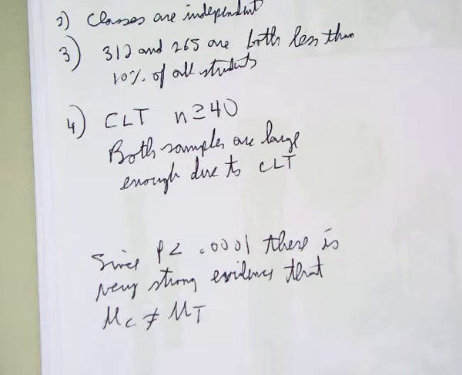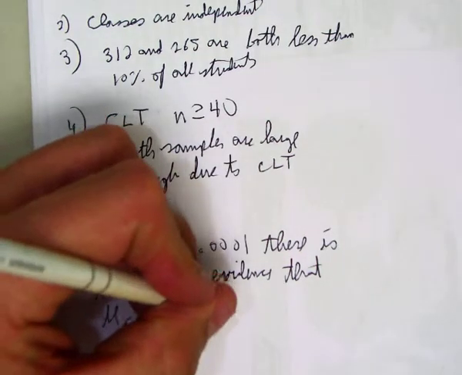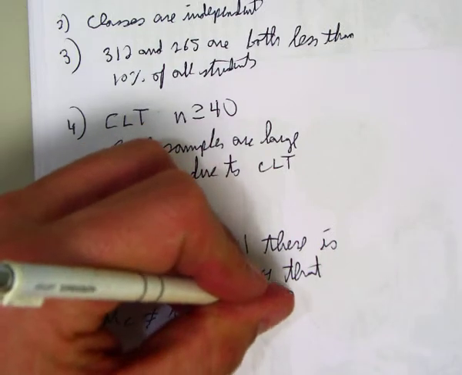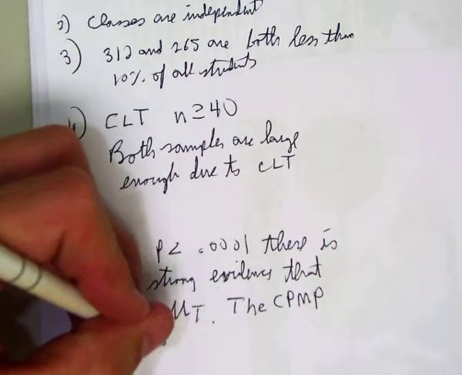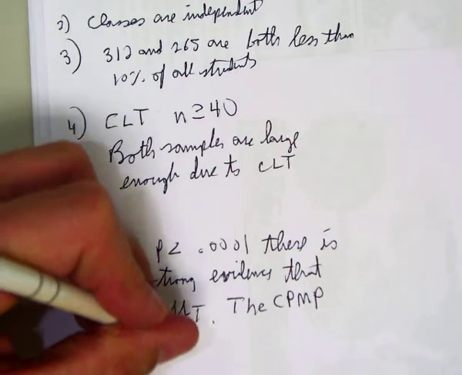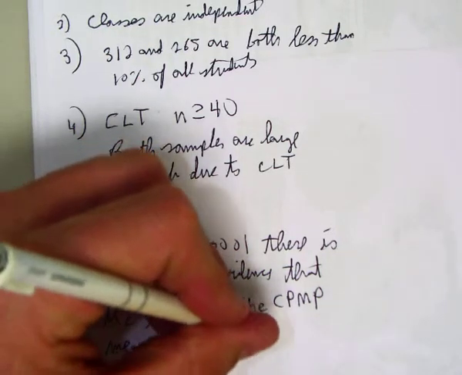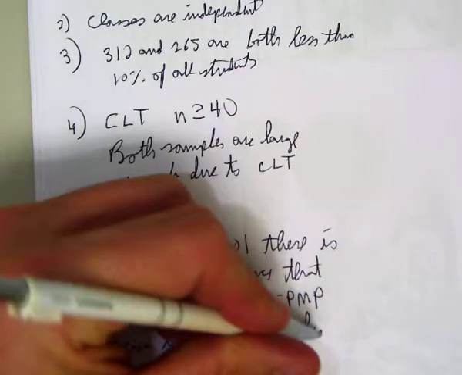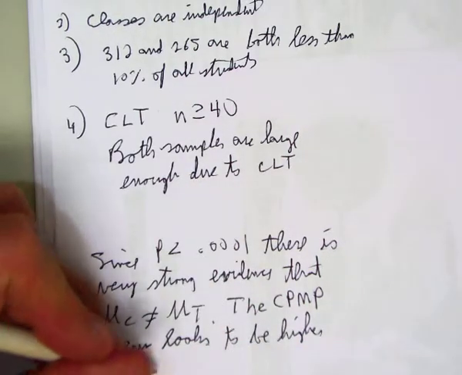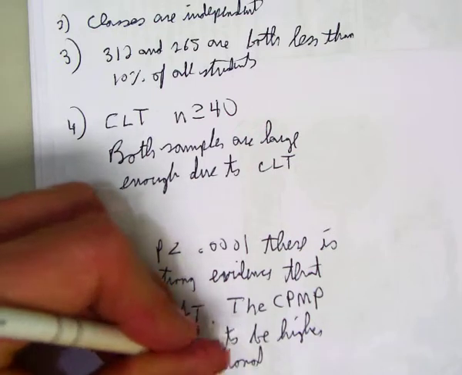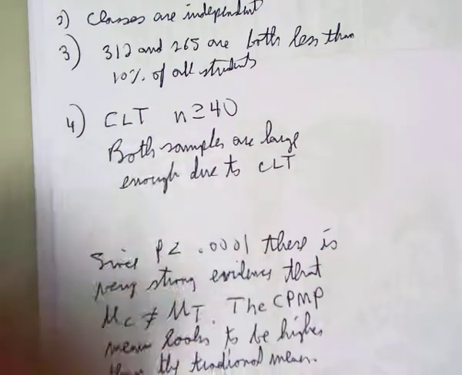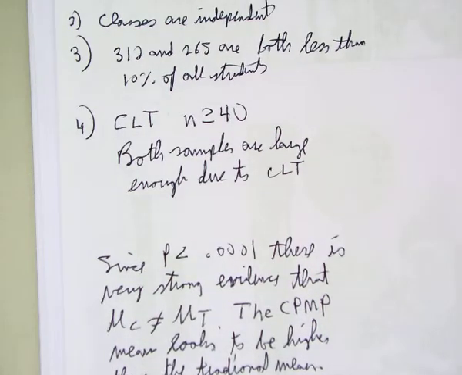What does this suggest? It suggests that the CPMP students look to be higher than the traditional. Where do we get that from?